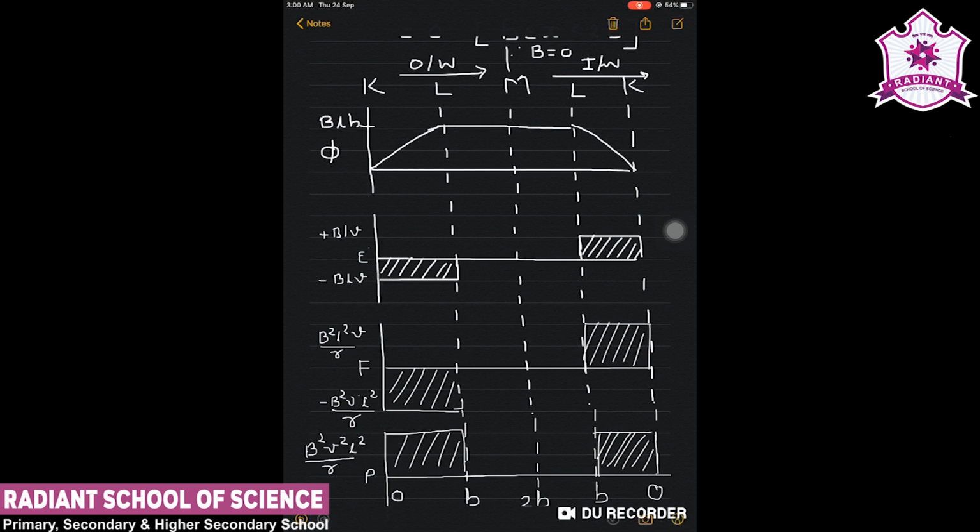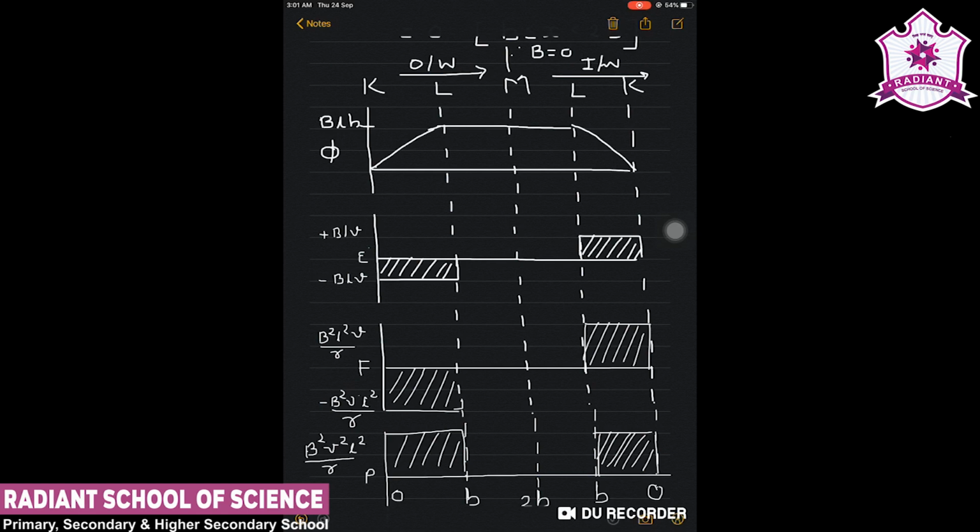But as soon as the rod enters from b to 0, that is, it is moving towards the 0 line, the flux will change and it will decrease because it is following the opposite direction. So the graph shows an initial increment from 0 to b and the same decrement from b to 0.